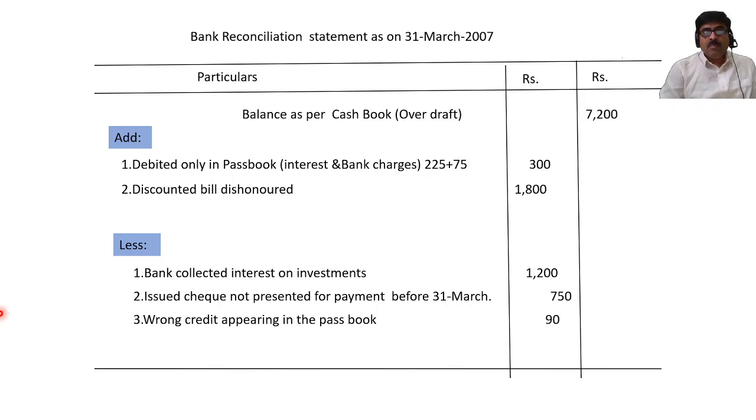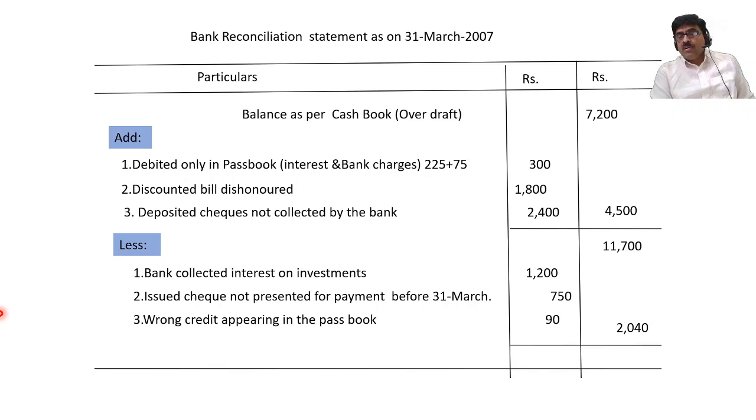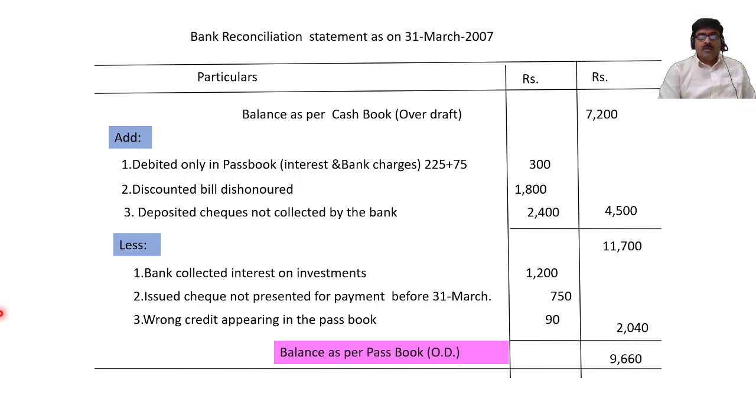Wrong credit appearing in the passbook 90 rupees. Deposited checks not collected by the bank 2,400. Now the total is 4,500, 11,700. Deduct 2,040. Now we will get 9,660 as the balance as per the passbook. That is overdraft.